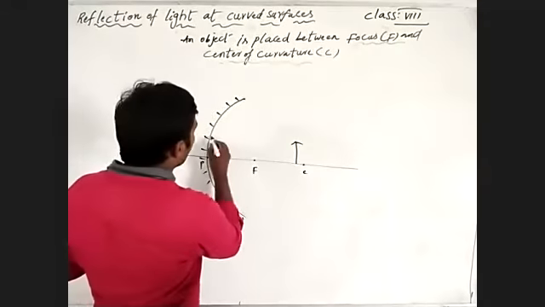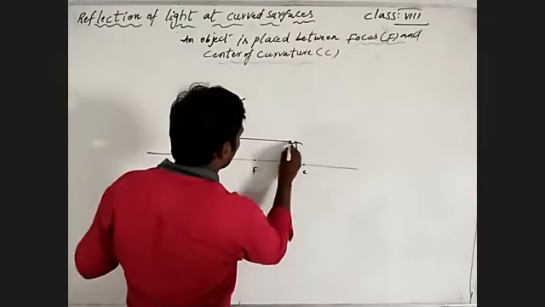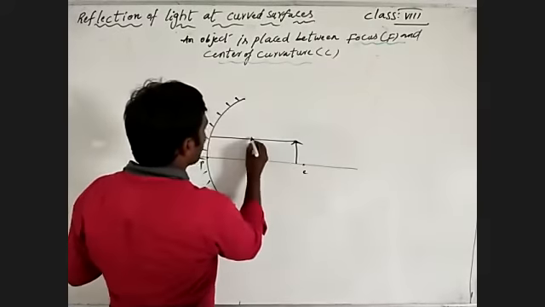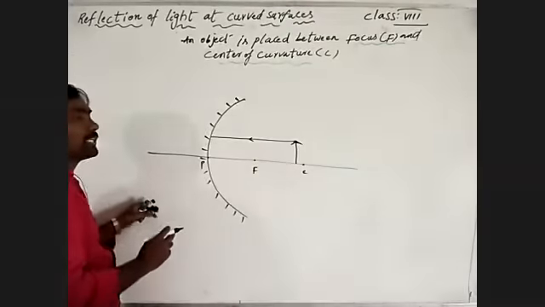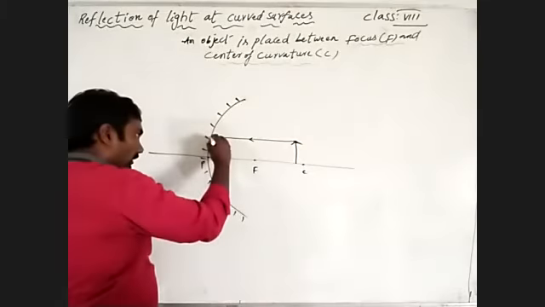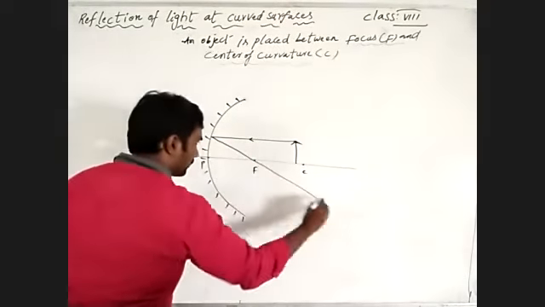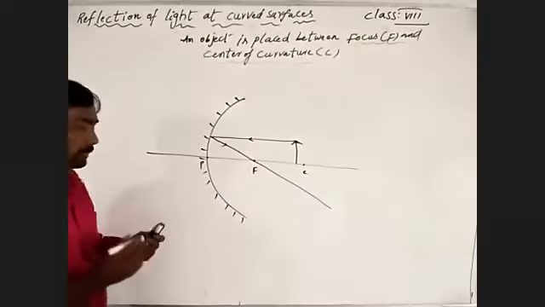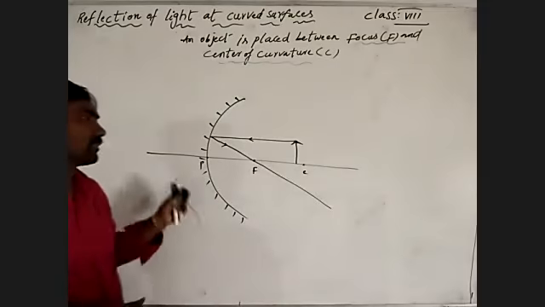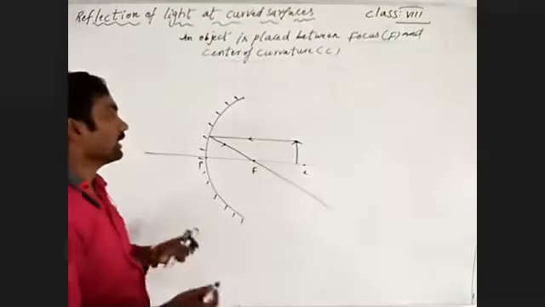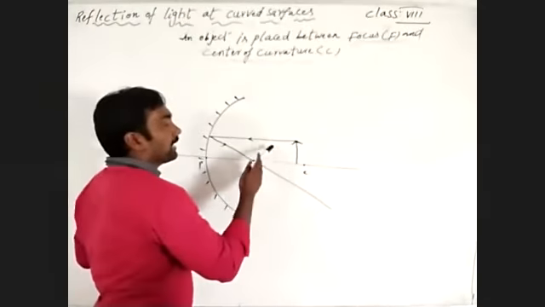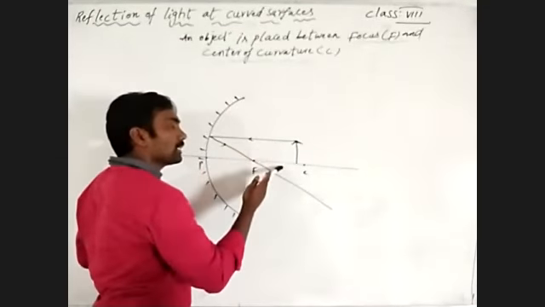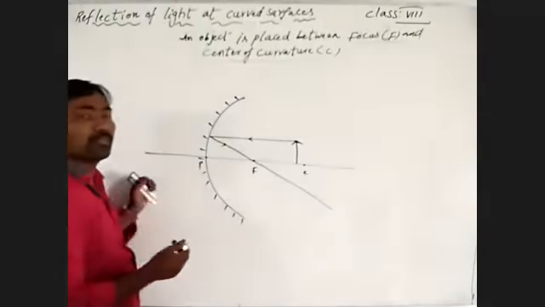One of the light rays coming from the tip of the object travels parallel to the principal axis, so it takes reflection through the focus. By using a scale or ruler, we can draw exactly that.